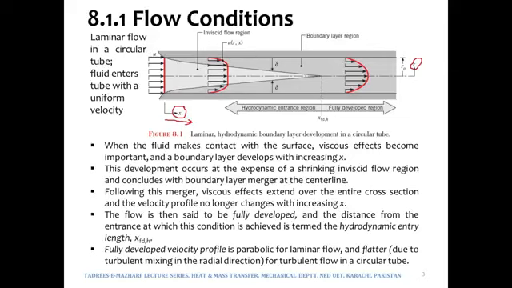So what will happen when the flow takes place over a flat plate? When the flow takes place over a flat plate, we have noticed the formation of a boundary layer. So over here there will also be formation of a boundary layer, but the boundary layer will be formed all around its inner surface, 360 degrees.